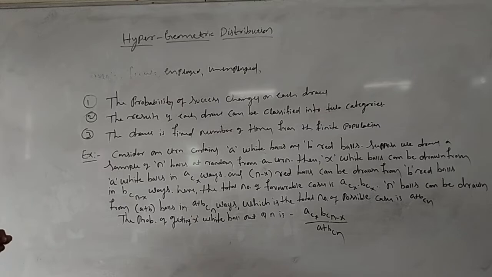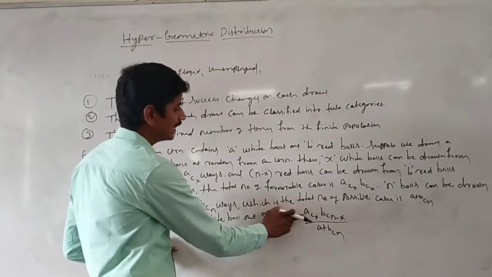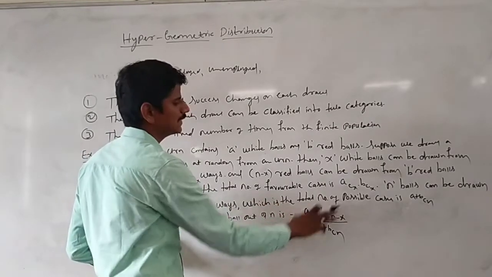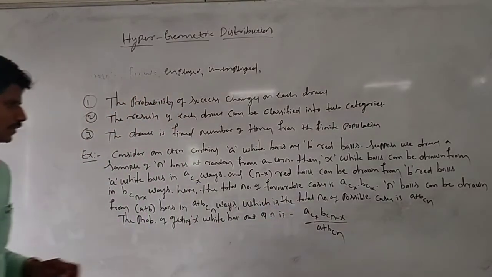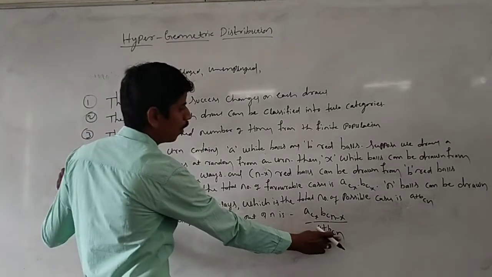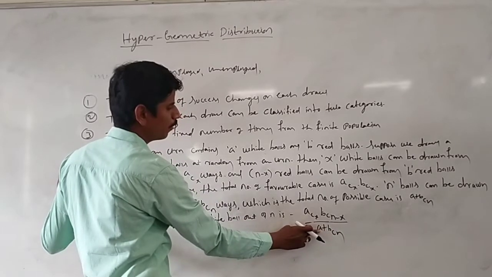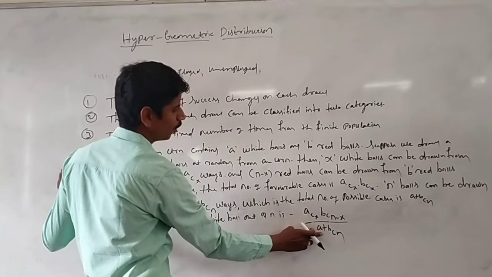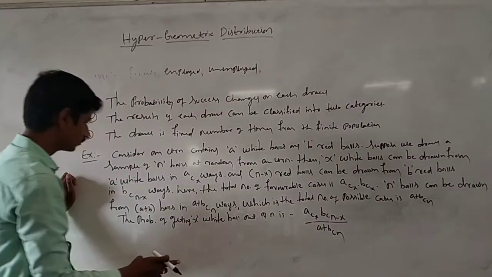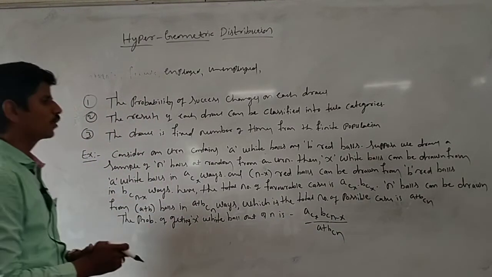Here the total number of favorable cases is ACX into BC n minus x. Next, n balls can be drawn from A plus B balls in A plus B Cn ways, which is the total number of possible cases.